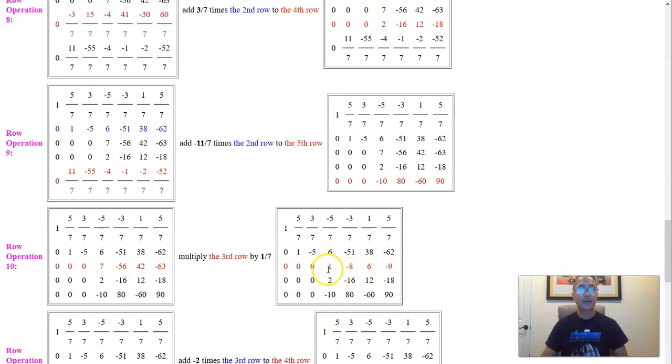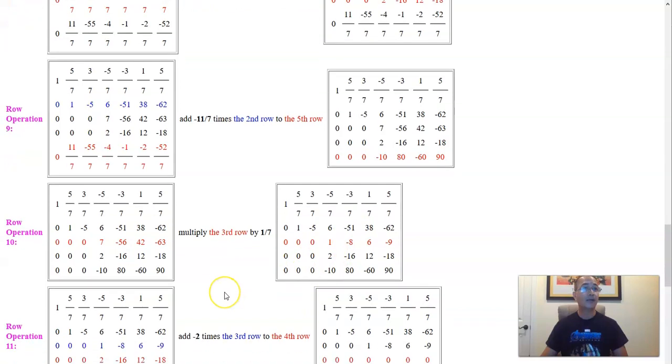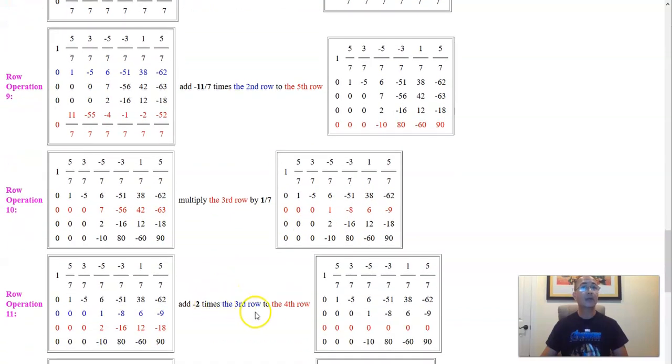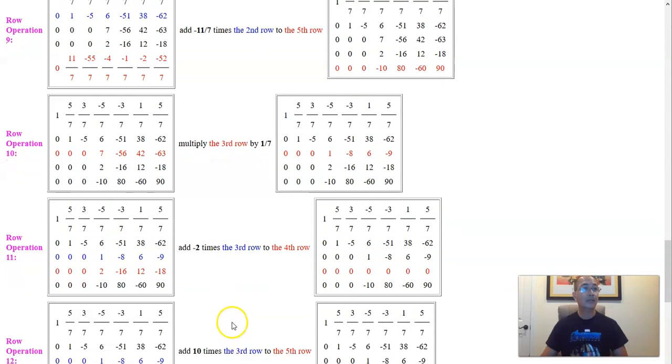Okay, so now that we have that leading one, we have to turn the 2 and the -10 into zeros. So we will multiply row 3 by -2, add to row 4, multiply row 3 by +10, add to row 5. So that turned row 4 entirely into zeros.